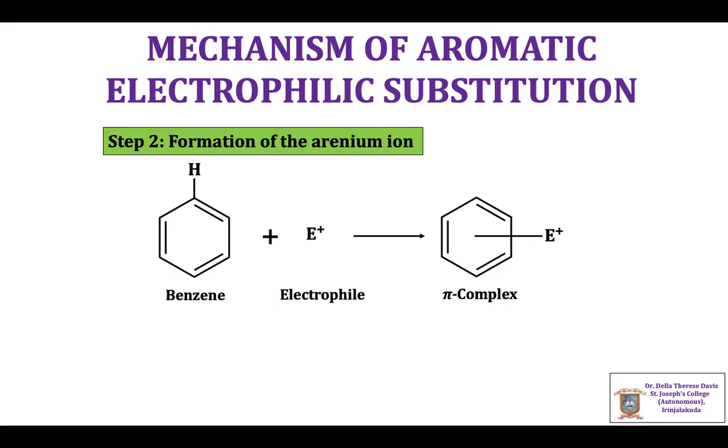Next step is the attack of the electrophile on the benzene ring, that is the pi system of the benzene ring, to form a pi complex. The pi complex can be represented as this.